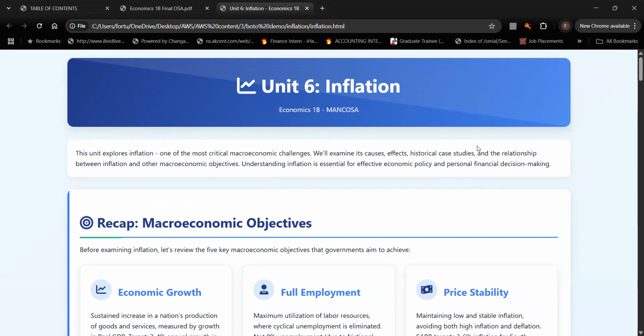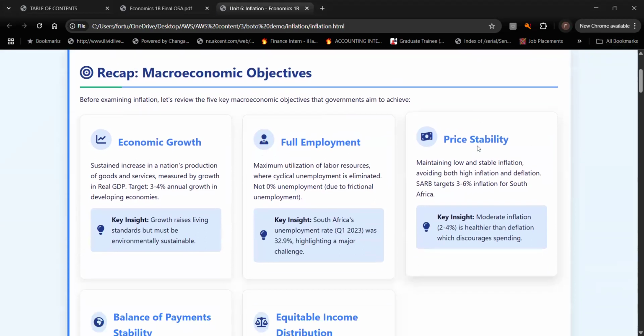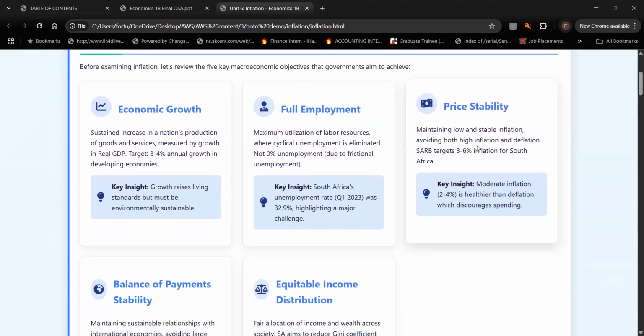We also looked at the various measures that are used to assess economic performance: price stability, your balance of payment stability, as well as your equitable distribution of income and wealth.